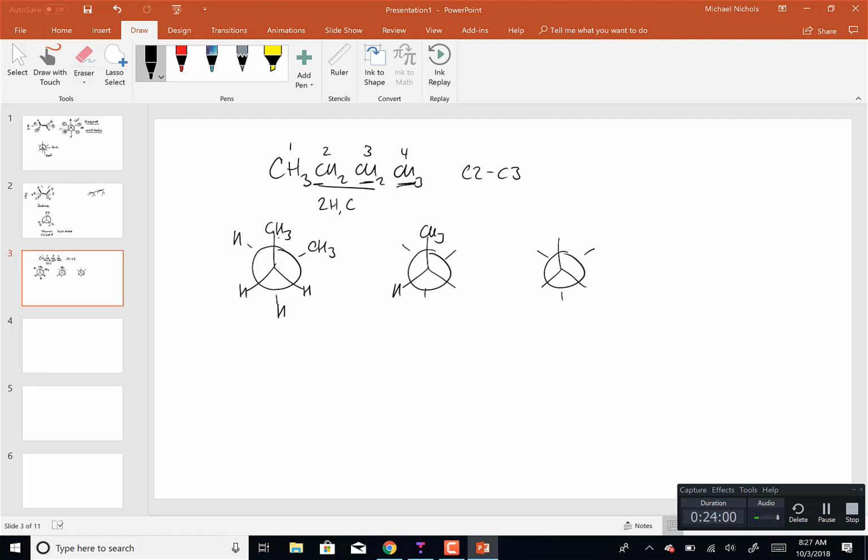So that makes it relatively simple. I take the front carbon and write in exactly the same position my methyl and my 2 hydrogens. And now for the back carbon, I'm going to rotate this methyl down here, that hydrogen up there, and the hydrogen over here. So I'm going to make a 120-degree rotation. Now my methyl group comes down to the bottom, my hydrogen goes here, and my other hydrogen goes there.